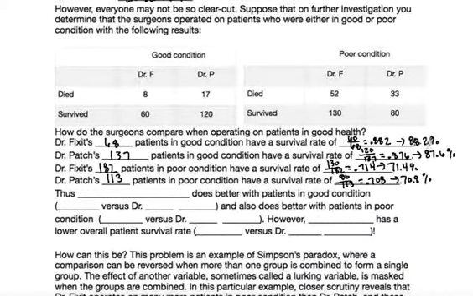So if you're comparing those that are in good health, it looks like Dr. Fixit does better with patients in good condition, and so that's because he has a survival rate of 88.2% versus Dr. Patch's survival rate of 87.6% with patients in good health.